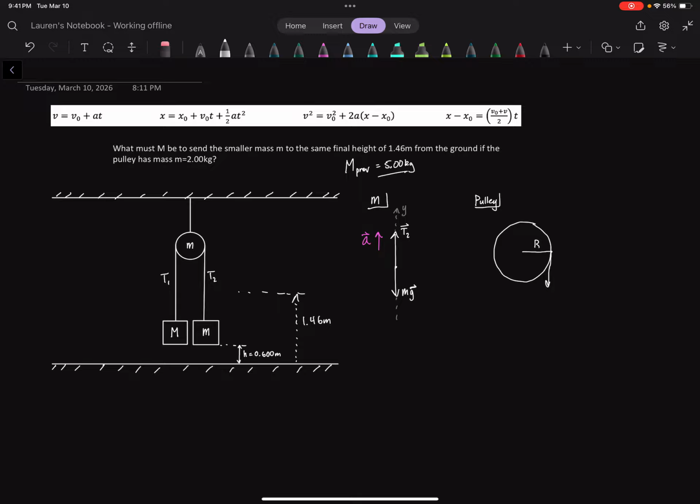So we have a T2 pulling down on that side, and also a distance of the radius away from this center axis, we have T1 pulling down on that side. There's also mg here, and that's counteracted by, maybe we can call this T3.